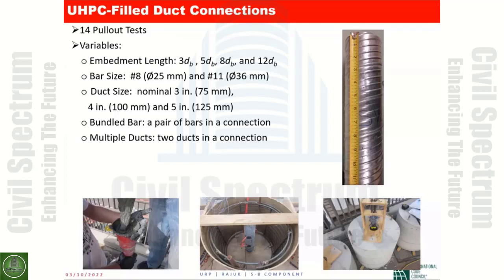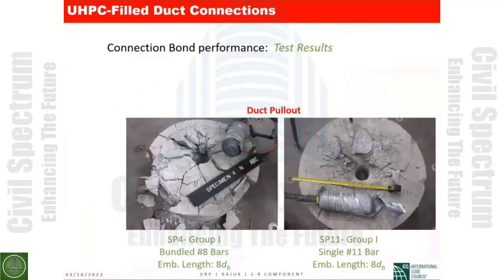The pictures that you see at the bottom show the placement of your UHPC. These are again the grouted duct specimens. So you see a single duct in the middle picture here. This is before we placed the UHPC, and a sample of the completed specimen is shown on the right side. So we tested these under tension.